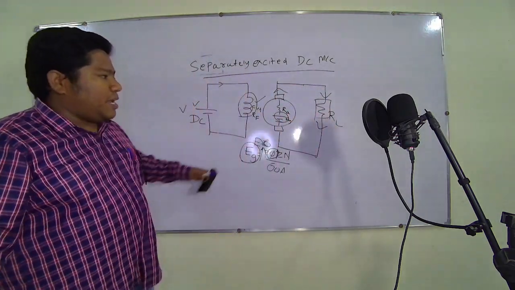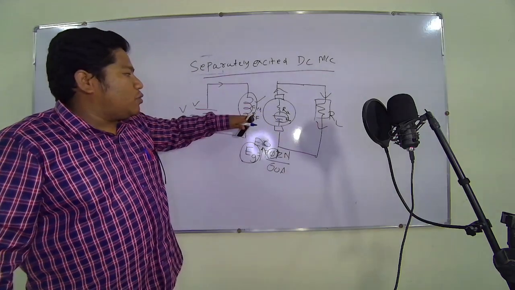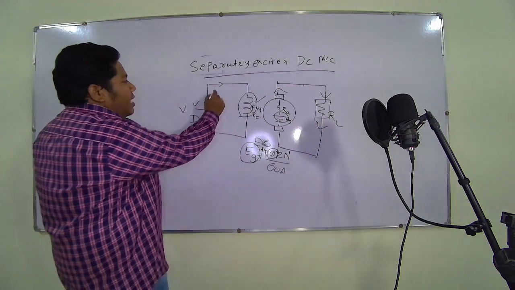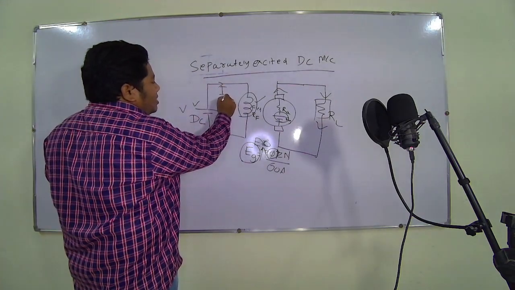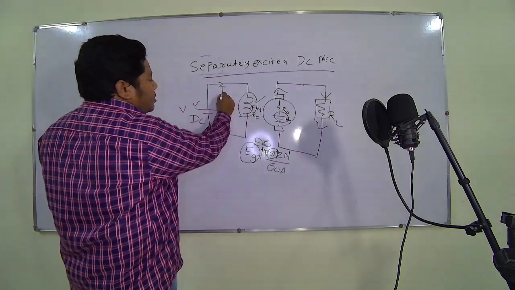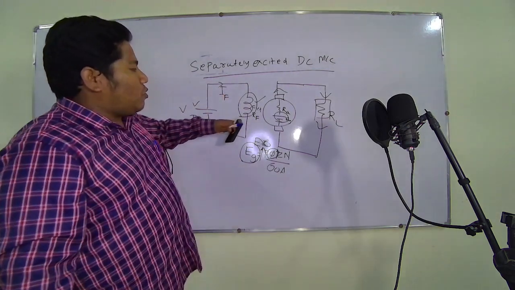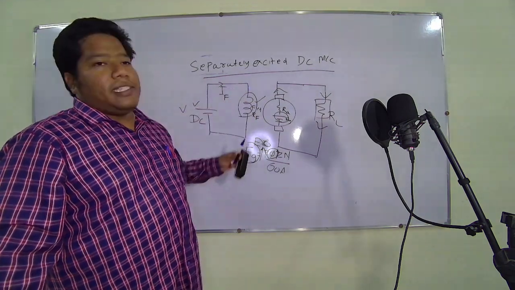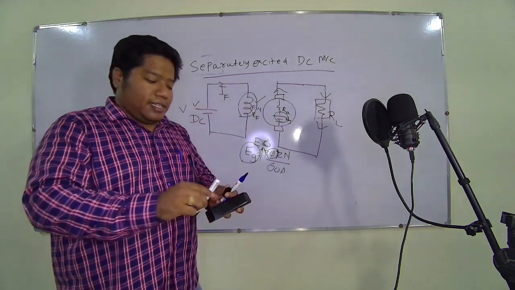So to make this EMF happen, we have to create this field. To create this field, we have to provide current from an external DC source. So there is no connection between armature and field in case of separately excited DC machine.